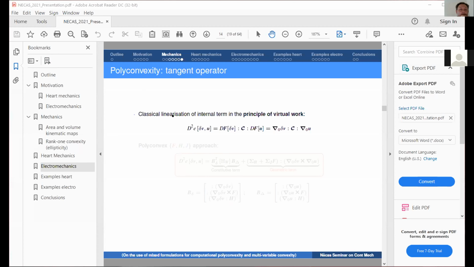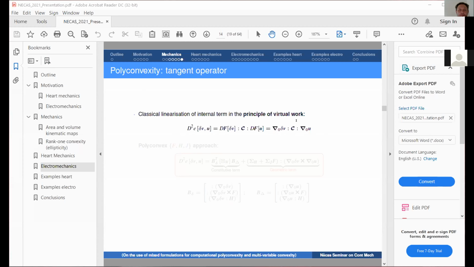So the typical linearization, well, one of the possible linearizations, is like this. This is very useful because it's extremely compact, and the only thing that you see is the constitutive tensor. From the implementation point of view, this is lovely. The problem is that this constitutive tensor hides everything, so it hides both material and geometrical contributions.